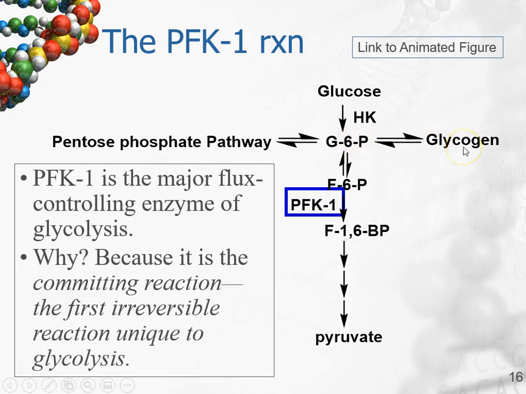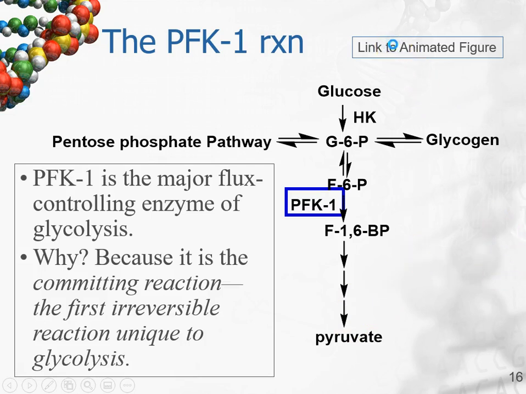It can enter glycogen synthesis. So the phosphofructokinase 1 reaction is regulated because this is the first irreversible reaction that's unique to glycolysis. So once you do the PFK reaction, that pretty much commits you to carrying on.